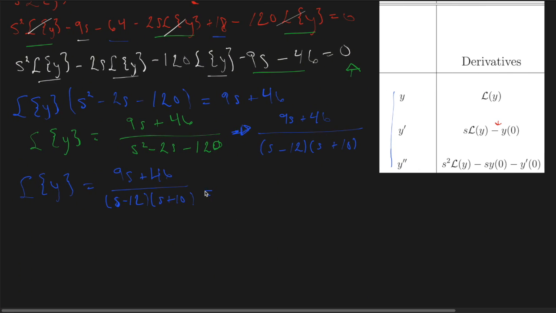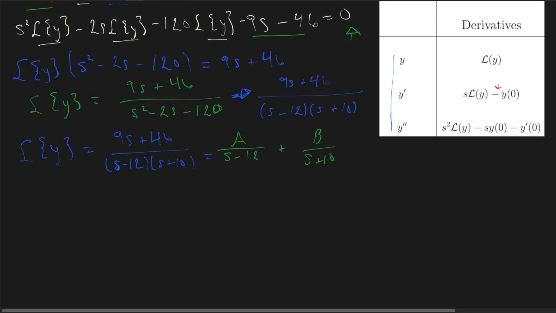So let's use partial fractions and split it. So we're going to say that this is equal to A over s minus 12 plus B over s plus 10. We can pick either one because this is a variable.